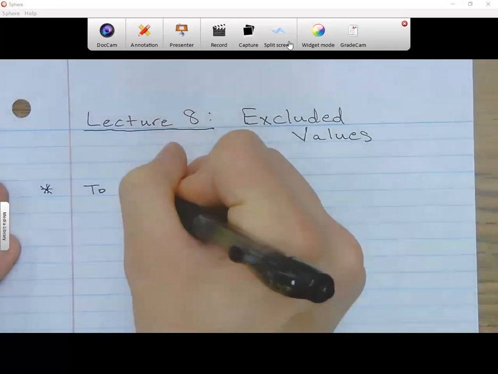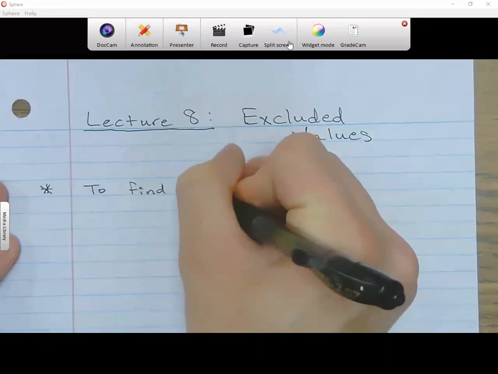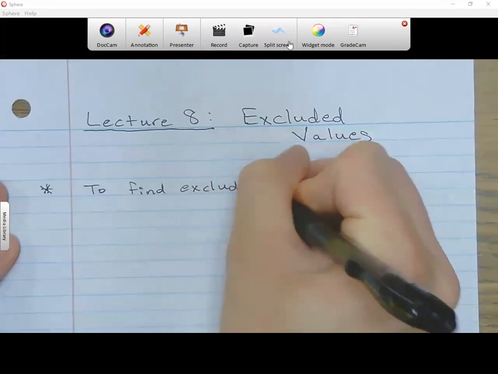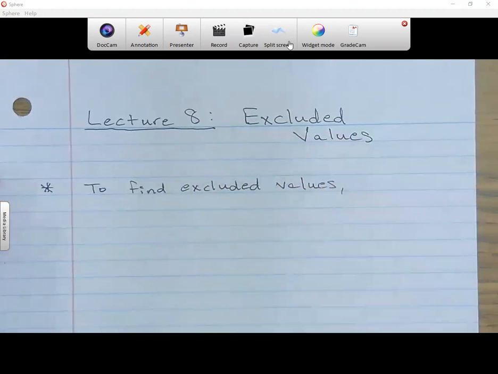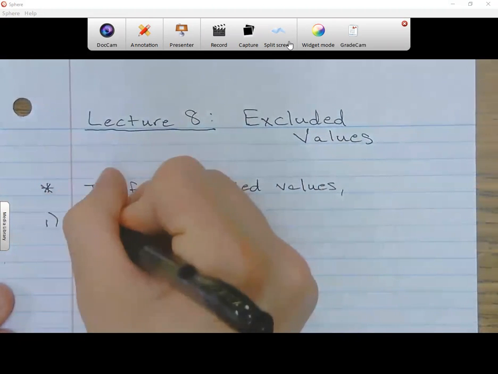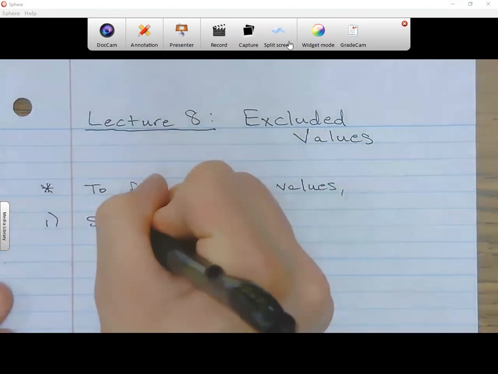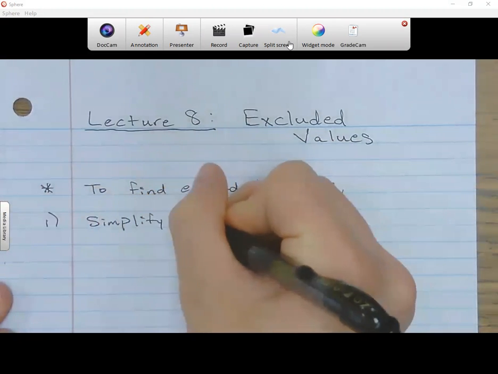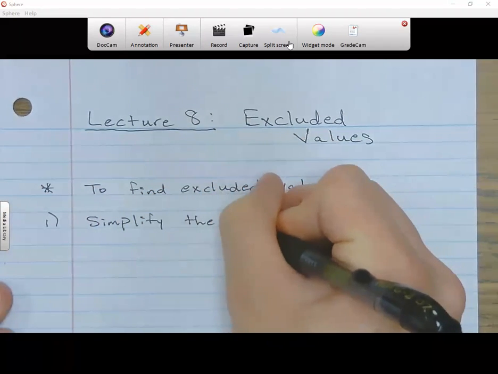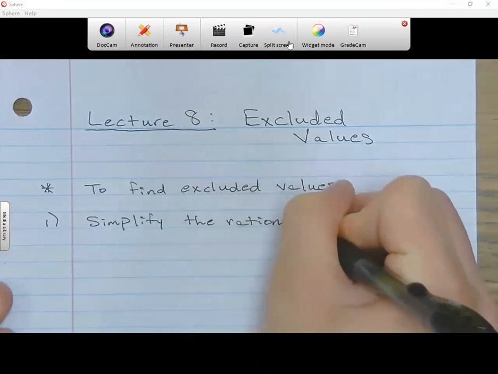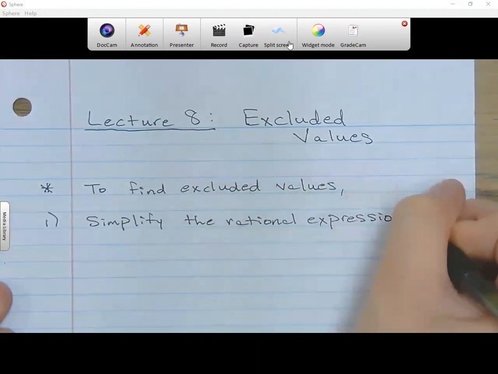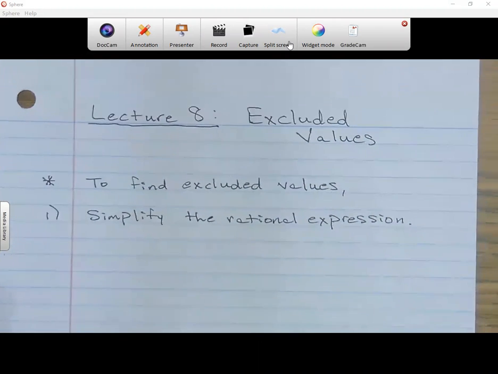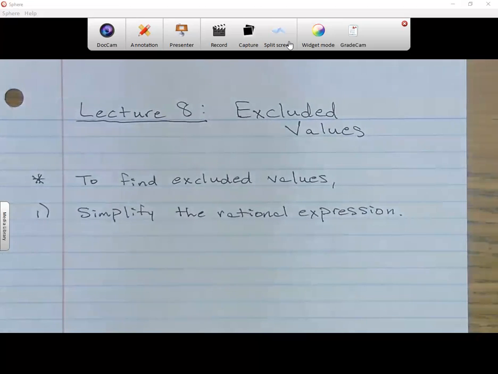To find excluded values, you must do what? Number one, simplify the rational expression. That's the first thing. Simplify the rational expression.